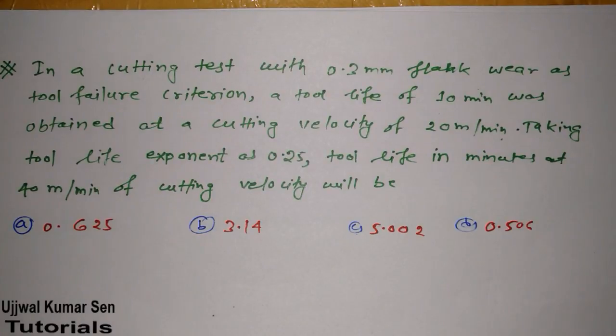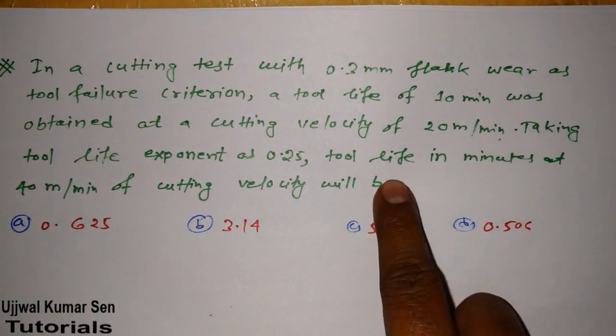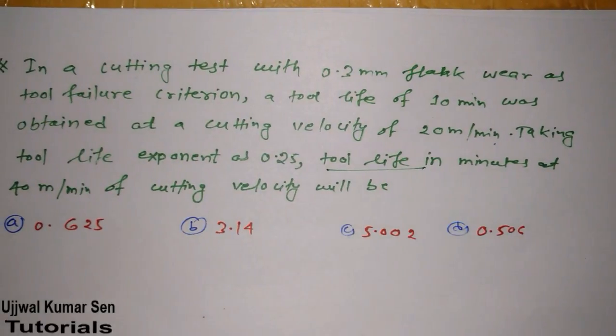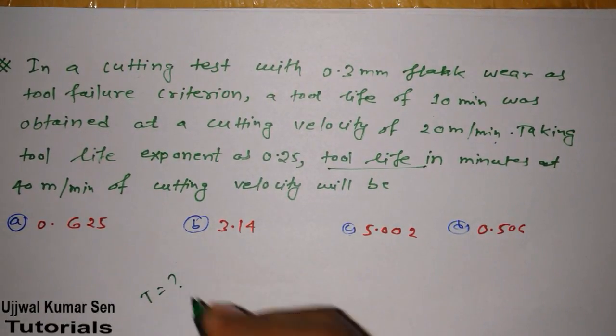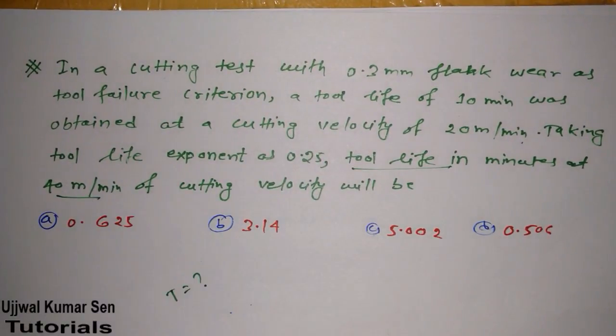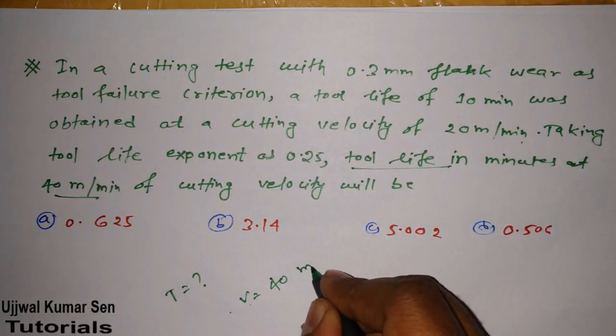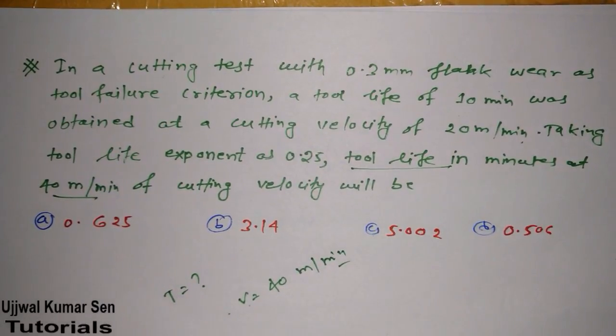The question number 3 we have right now. I am not going to read it out, because I have already shared with you the relation that is important, which we will use in each and every numerical problem. We have to find out tool life T. We have given V is equal to 40 meter per minute velocity.